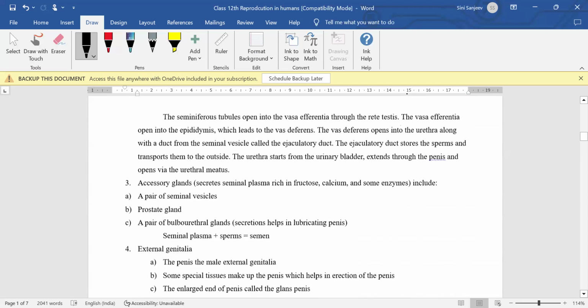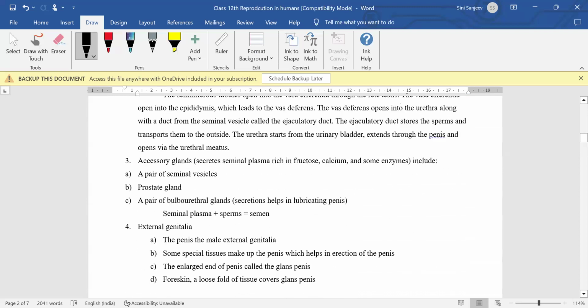This is how the accessory glands will function. The very important 3 things which I told you are the prostate gland, the Cowper's gland, and the seminal vesicles. What is the major function of the glands?